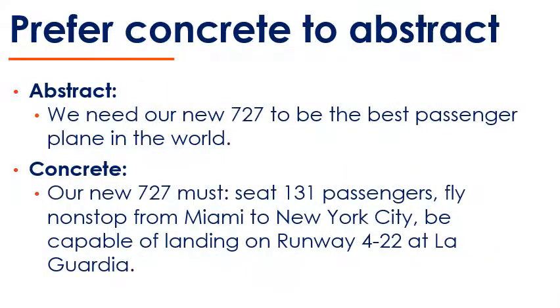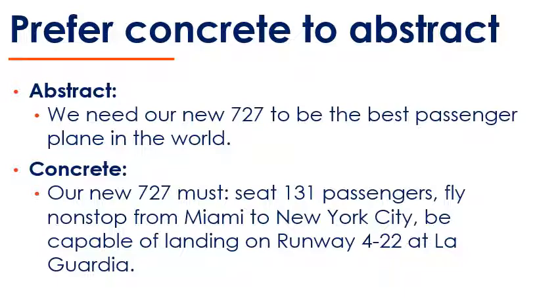We can also make our claims more intelligible and memorable by preferring concrete information to abstract information. Consider, for instance, this abstract claim. We need our new 727 to be the best passenger plane in the world.